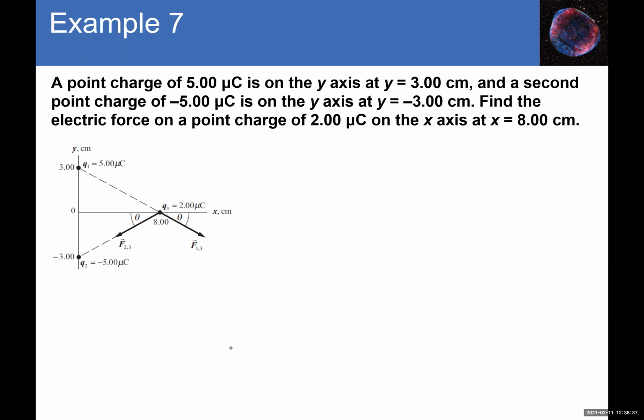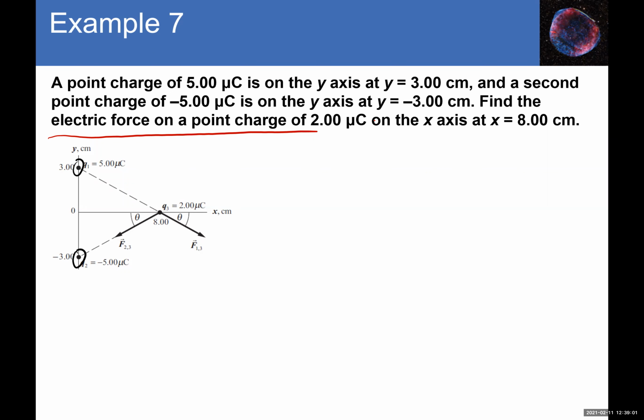Because what happens here, you can see, this is my configuration where I have Q1 and Q2 sitting there, but my Q3 is on the x-axis, and that's my charge of interest, because we need the electric force on Q3. So I need to look at all the forces acting on it.